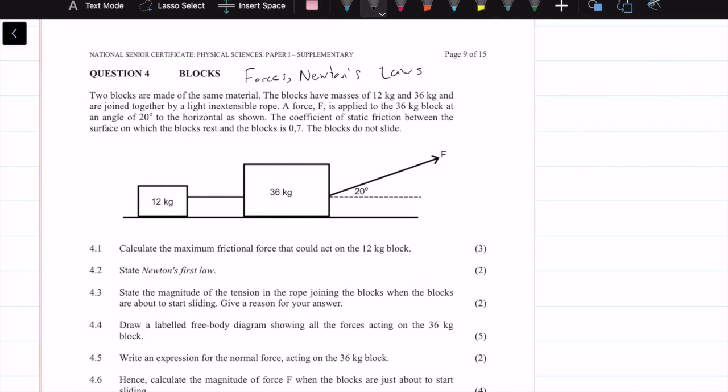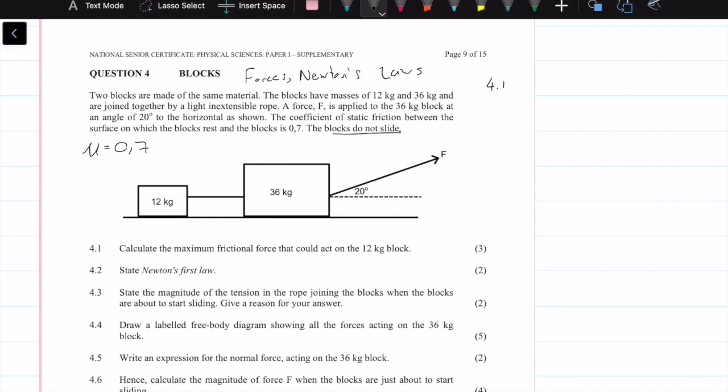The blocks have a mass of 12 kilograms and 36 kilograms and are joined together by a light rope. A force F is applied to the 36 kilograms at an angle of 20 degrees to the horizontal as shown. The coefficient of static friction between the surface on which the blocks rest and the blocks is mu equal to 0.7. The blocks do not slide.